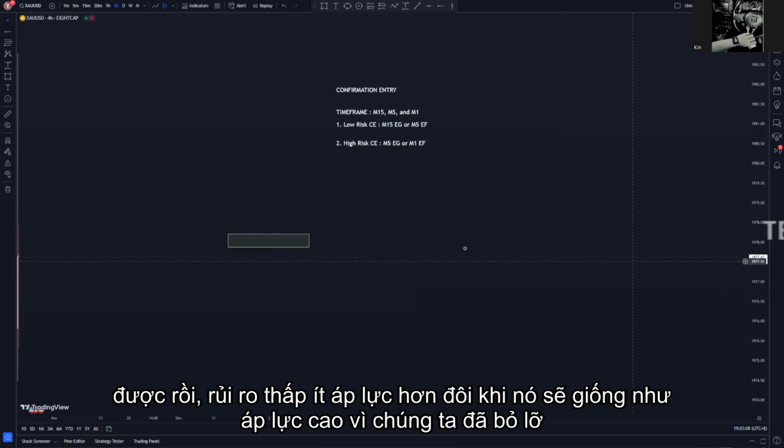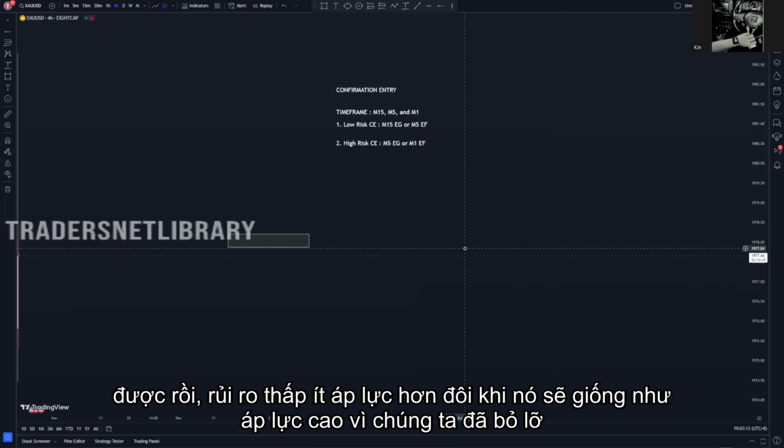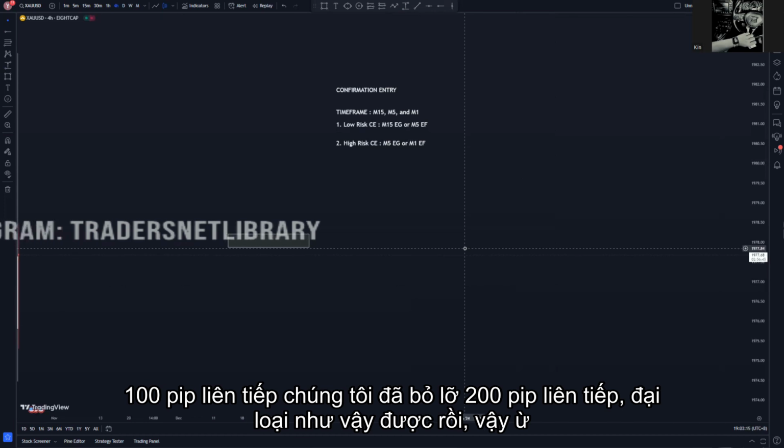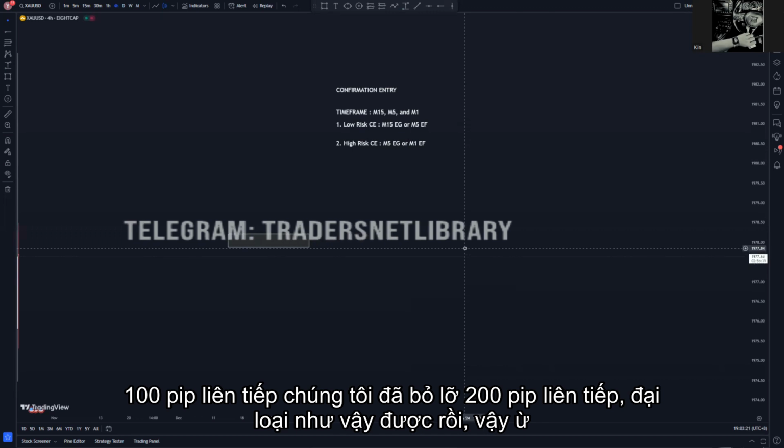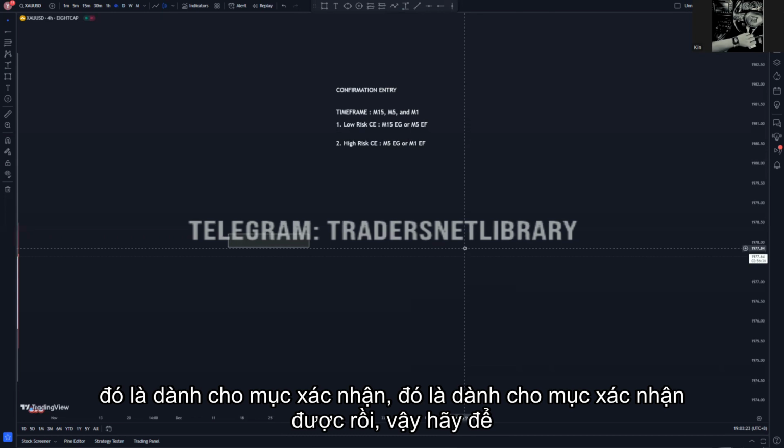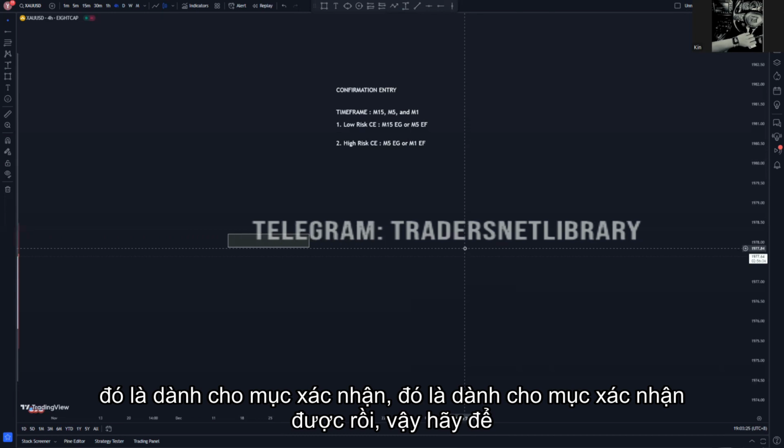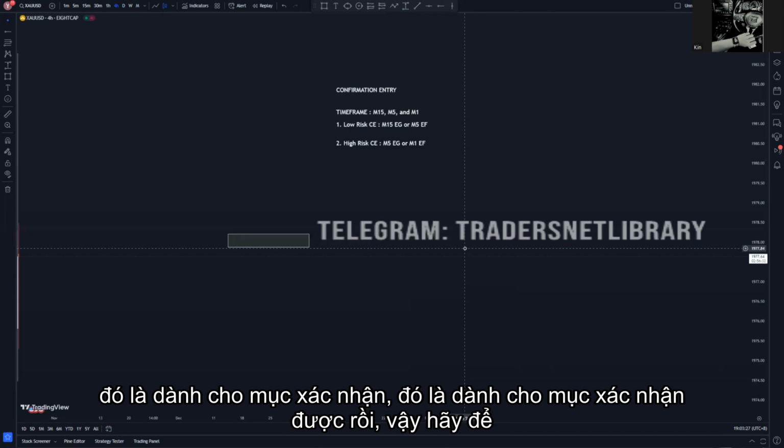Low risk means less pressure, though sometimes it's going to be high pressure because we miss 100 pips straight, or 200 pips straight, something like that. So yeah, that's it for the confirmation entry.